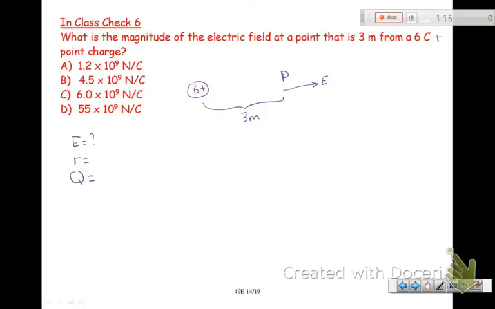Oh, and the other thing I've got to remind you of is Ke is equal to 9 times 10 to the 9, and the units are newtons, meters squared per coulomb squared.